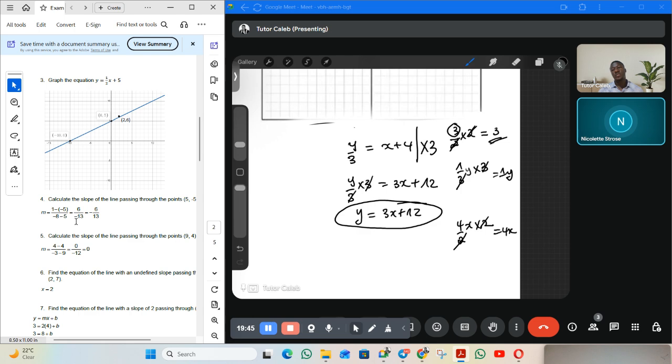Graph equation y equals 1 over 2x plus 5. Correct. That is a fraction in that equation. So what I'm showing you here is how to get rid of that fraction and proceed to graph it without having to deal with the fraction. Okay, so we got rid of the fraction. Now that we got rid of the fraction, we can now find the intercepts. Yes. Okay.